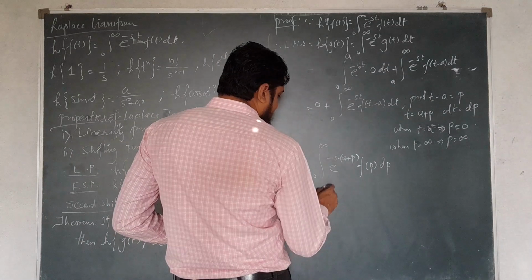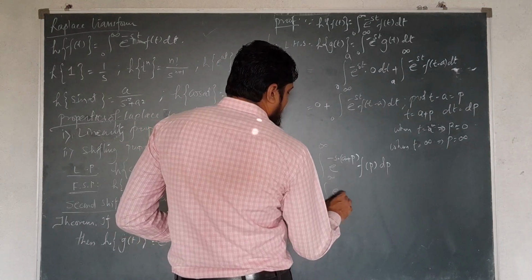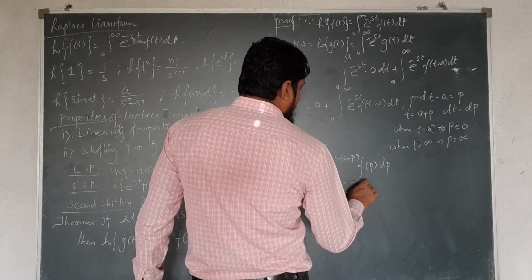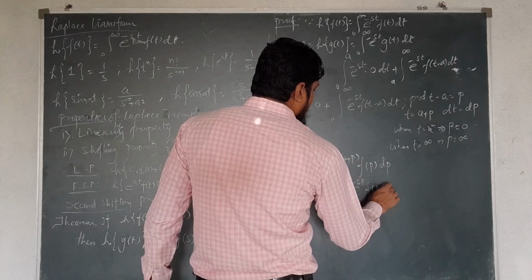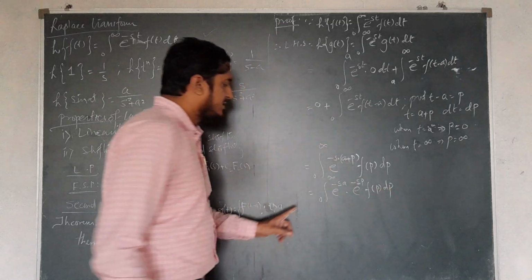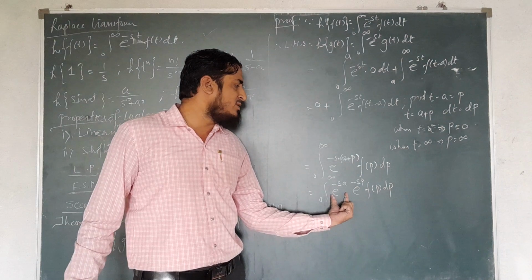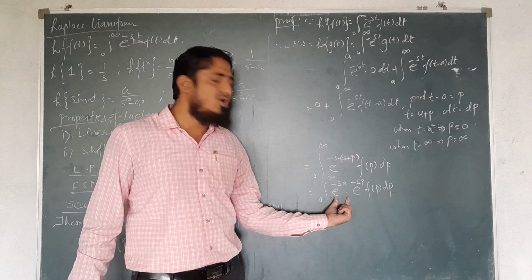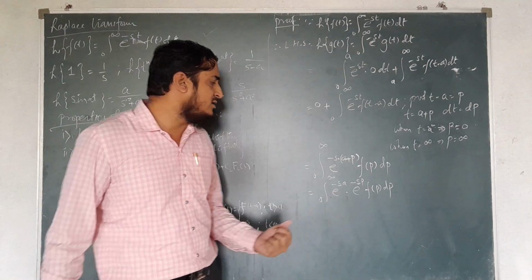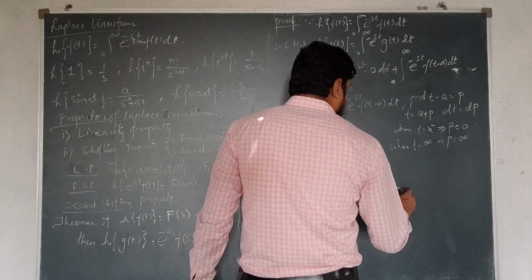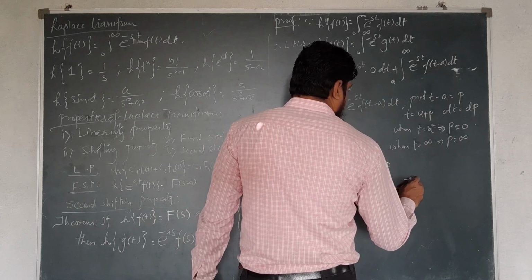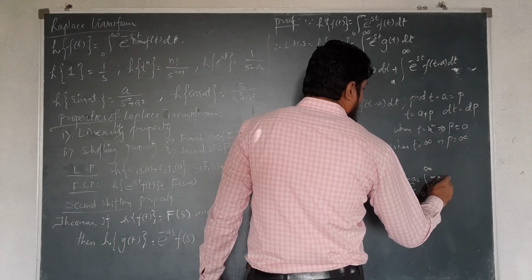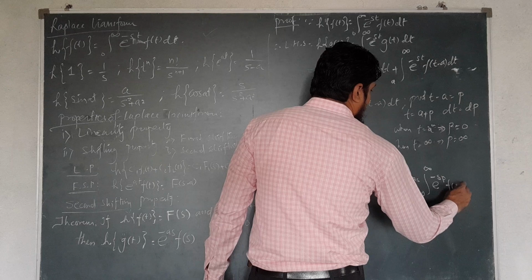Now we can simplify this integration from 0 to infinity of e raised to minus sa into e raised to minus sp f(p) dp. And since e raised to minus sa is free from the parameter p, we can consider e raised to minus as a constant and take it outside of the integral, and we will write it as e raised to minus as times the integration from 0 to infinity of e raised to minus sp f(p) dp.